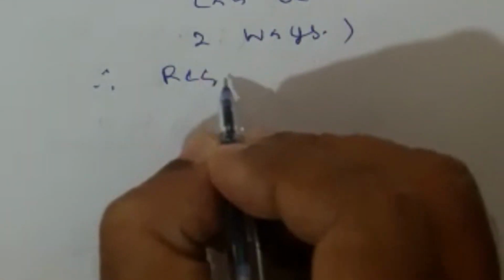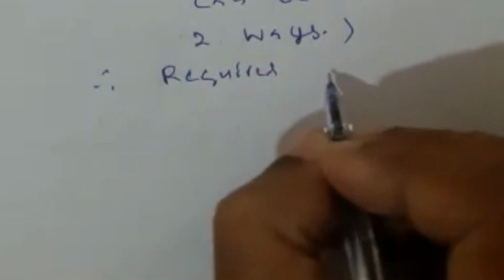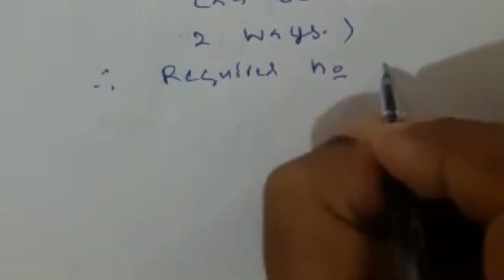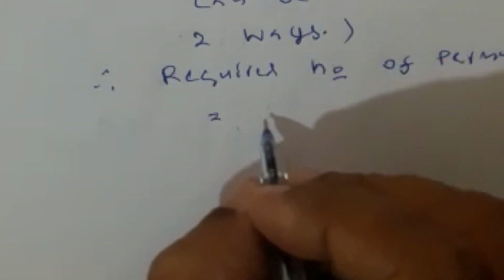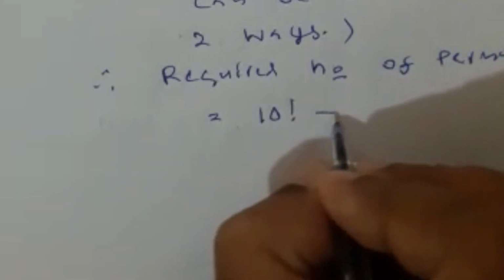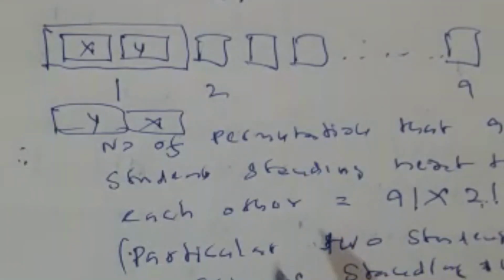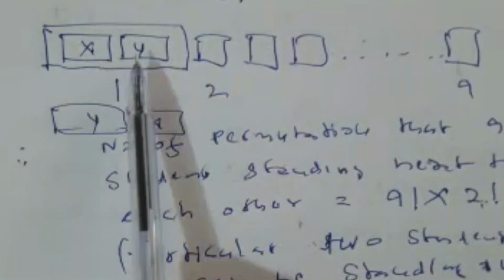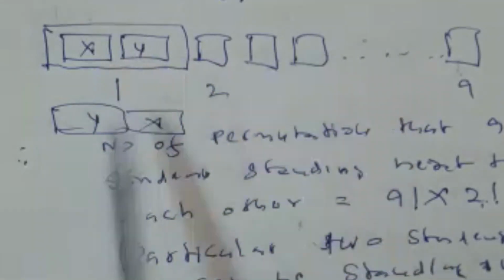Now the required number of permutations is going to be 10 factorial, which consists of all the possibilities, both together and the cases where the students are not standing next to each other but standing separately.